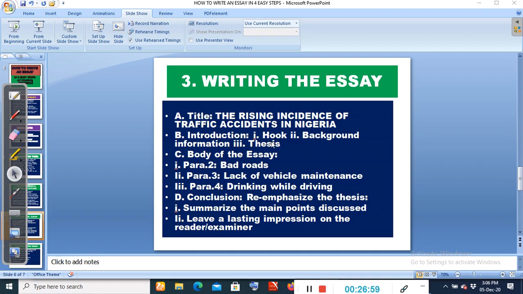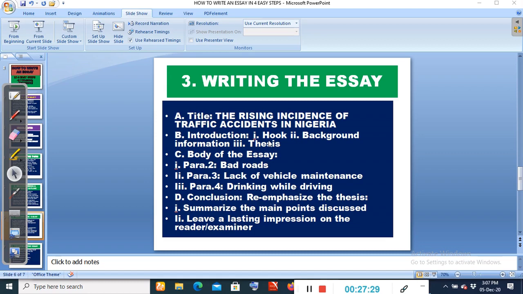Now, of course, the hook is the first sentence in your essay, and this first sentence is supposed to be the most interesting, the most attention-grabbing sentence, because why it is called the hook is that it is an attention grabber.